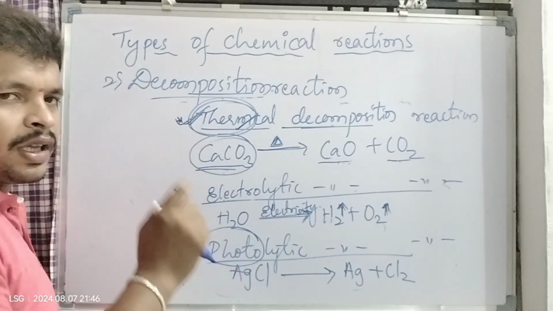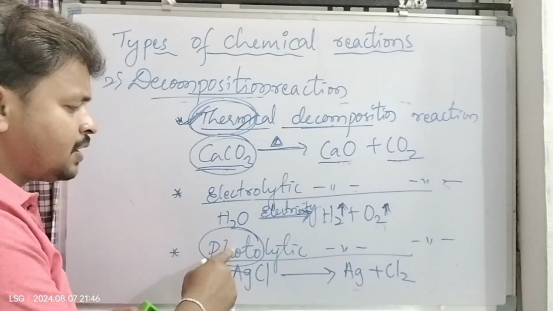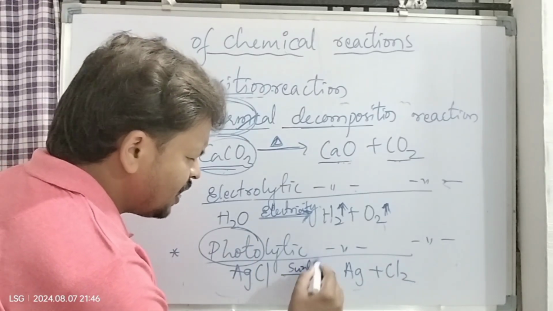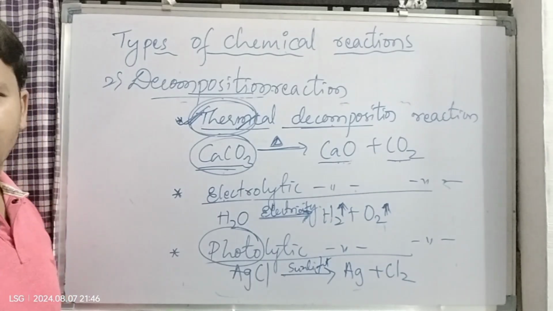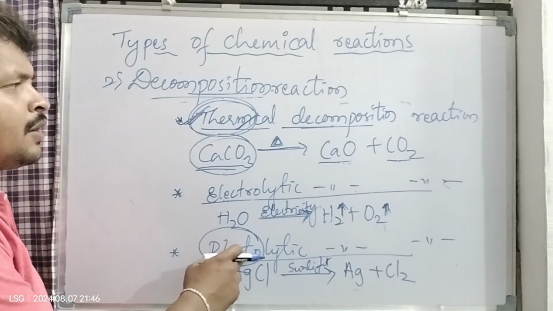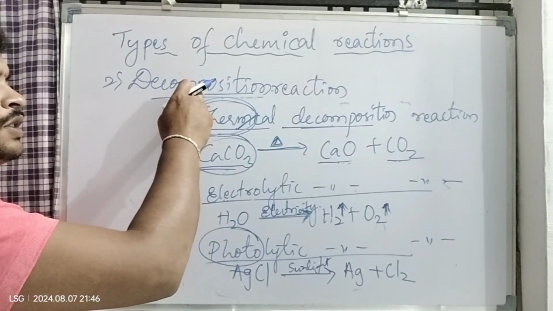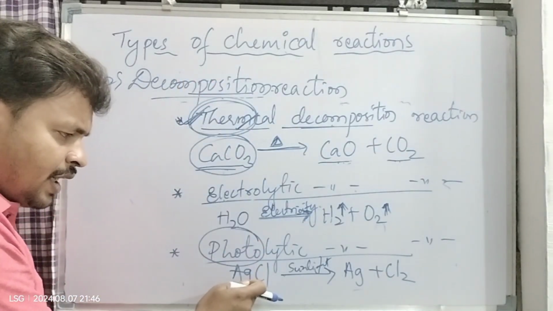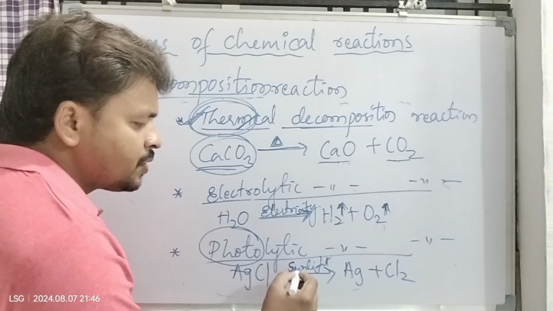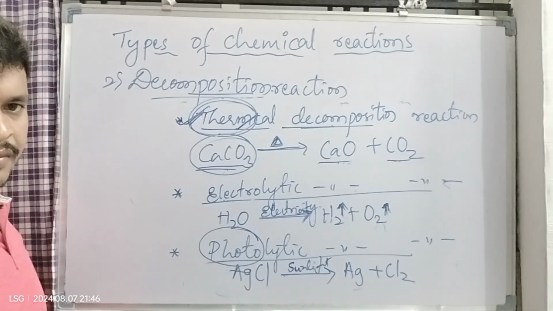Photo. Photo does not mean taking a photo. Photo means sunlight, by using solar energy. This is an example of photolytic. What is meant by photolytic decomposition? A type of decomposition reaction in which a single reactant breaks down into two or more substances by using sunlight.